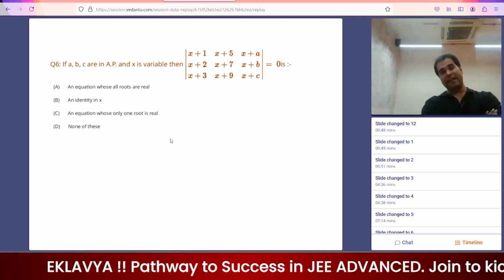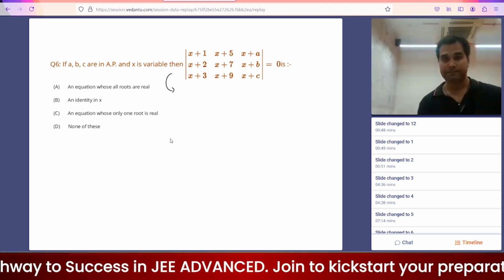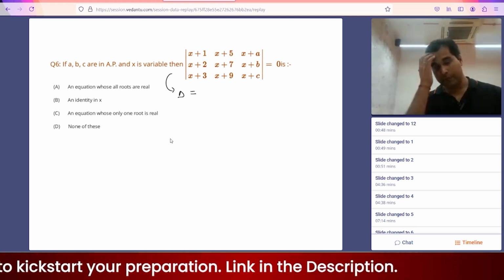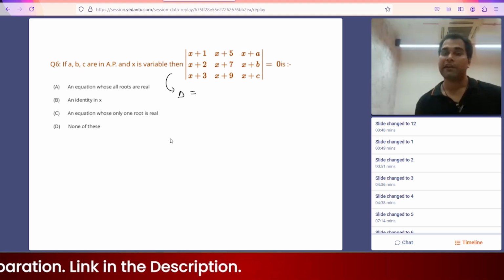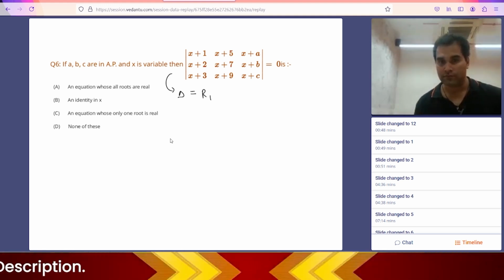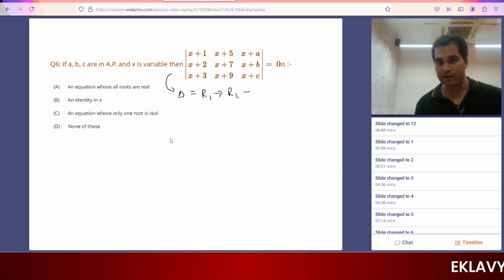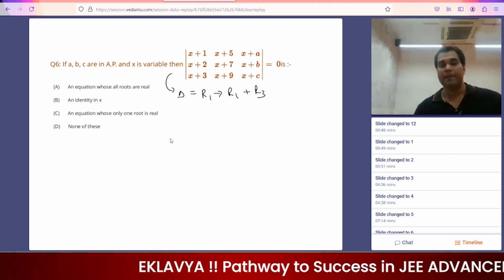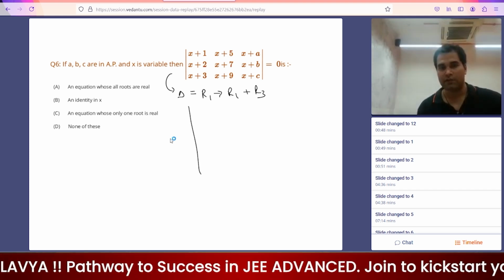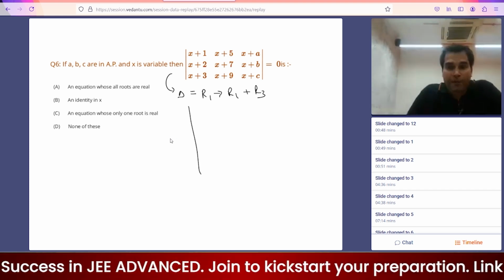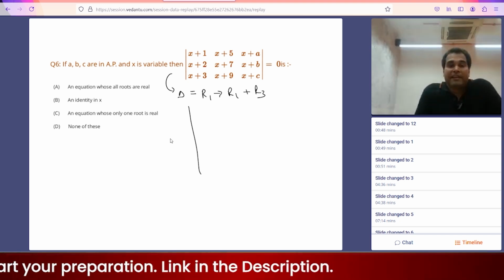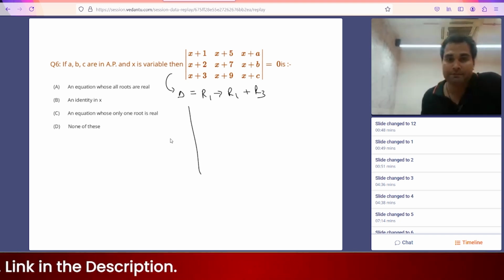Here the variable is x and A, B, C. Now, it is simple to solve the determinant. When we apply R1 plus R3, why do we apply this elementary operation? Because we will easily solve the problem.